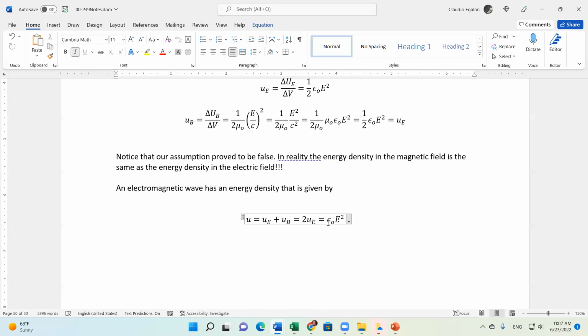So an electromagnetic wave has energy, and if we are smart enough, we can tap into this energy to use it for something useful, just like we do with solar panels. Solar panels are devices to convert electromagnetic energy into some other type of energy, like electrical energy.